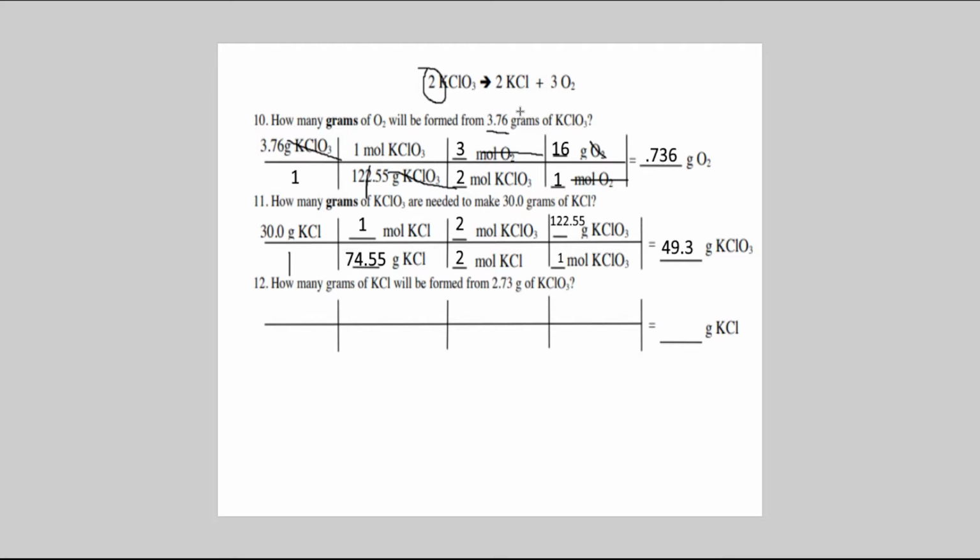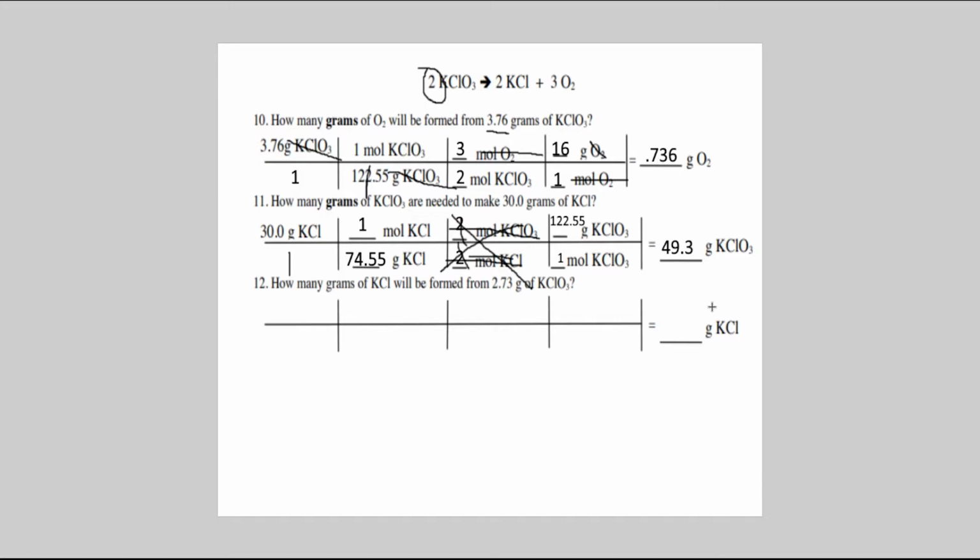Now, then you look for the coefficients. So it's again just 2, so this entire fraction doesn't really even matter, to be honest. And then you come over here to grams, and you go down to 1 mole of this equals 122.55 grams of KClO3.